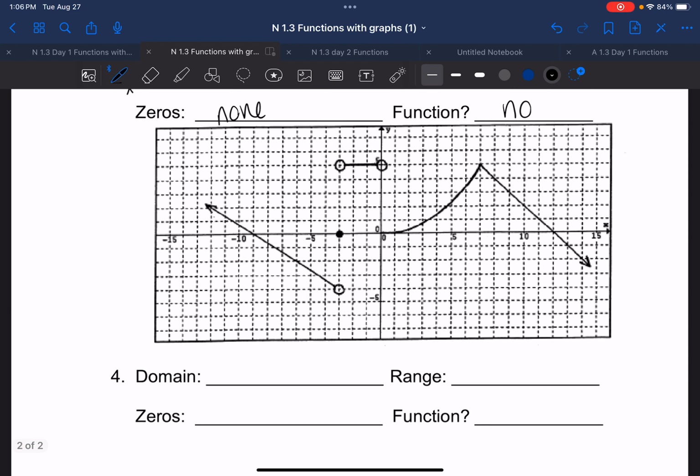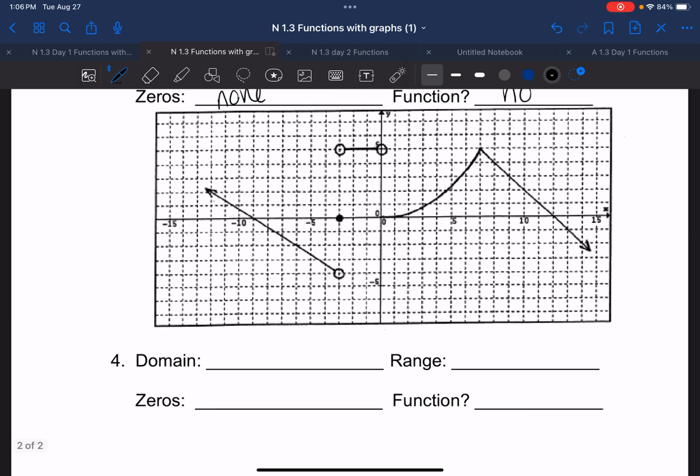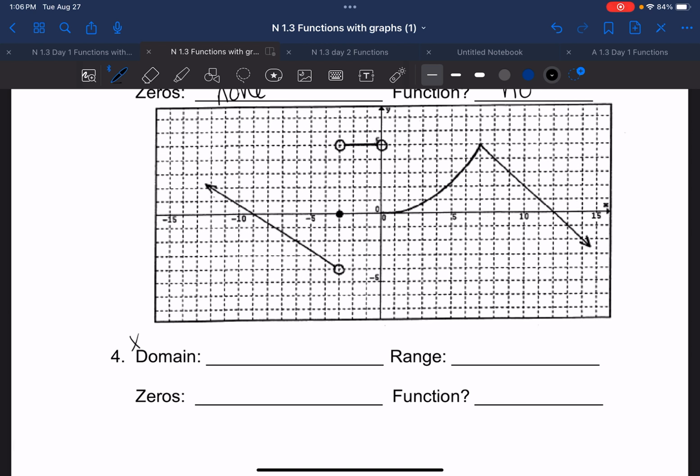All right, number 4. On number 4, looking for that domain, which is our x's. And it looks like over here, this arrow shows it going infinitely to the left. This arrow shows it going infinitely to the right. And it looks like everywhere in between those arrows, there is something continuous, right? We've got this entire line here. We've got this point.